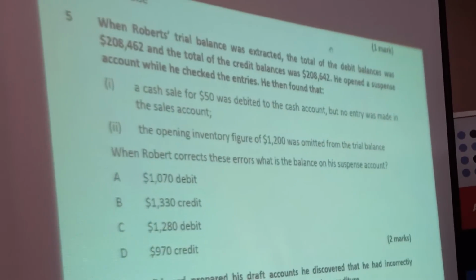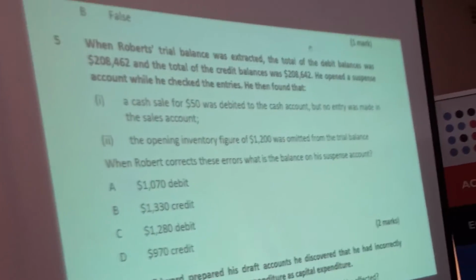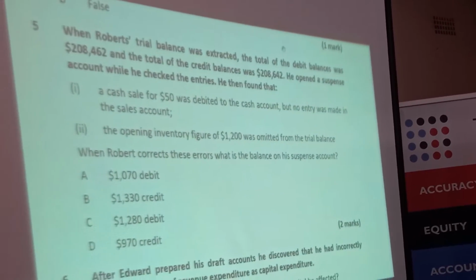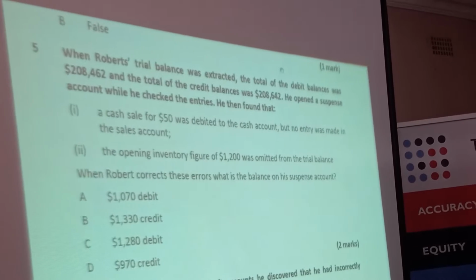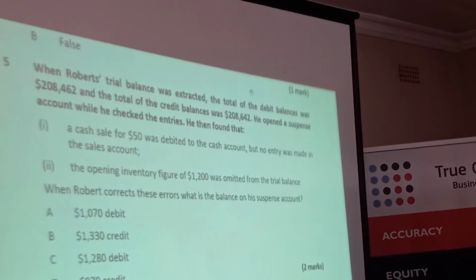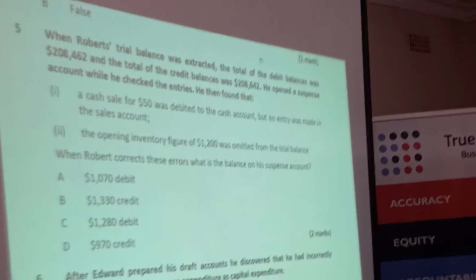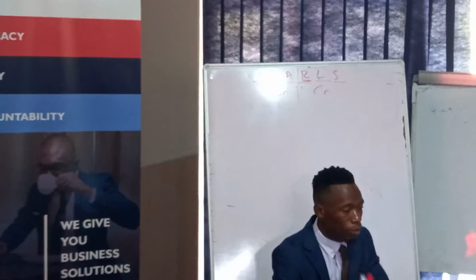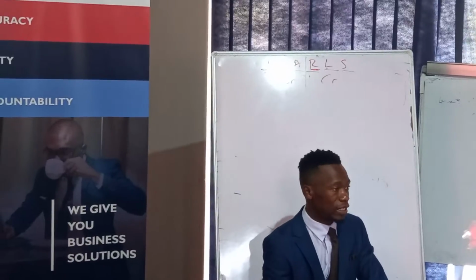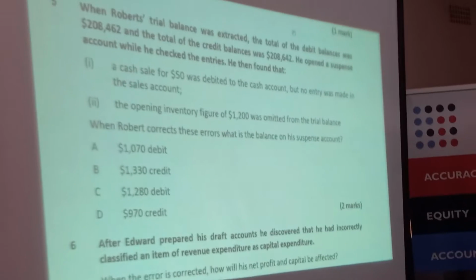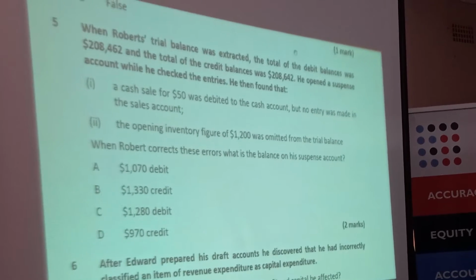The total debit was 208,462. Credit 208,642. Looking at this, are you seeing that the trial balance is not agreeing? When the trial balance doesn't agree, we open a suspense account. A suspense account is only opened when the trial balance fails to agree. So guys, looking at this, the difference, the shortfall, is it on the debit or on the credit?